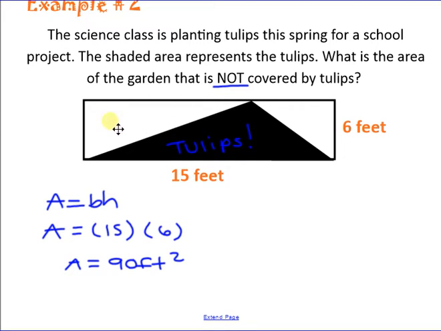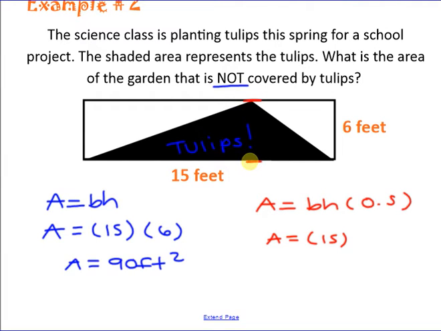Now, since I'm finding the area of the non-shaded region, I'm going to find the area of this triangle here. So, area equals base times height times 0.5. This triangle here in black has a base of 15, and it has a height, how tall is it?